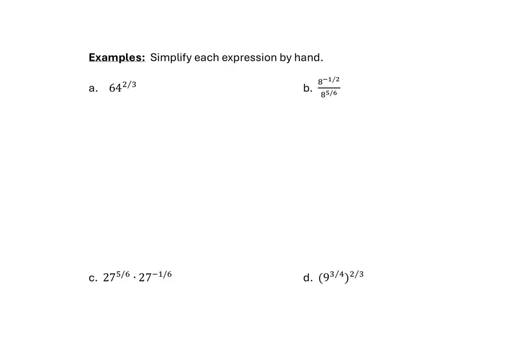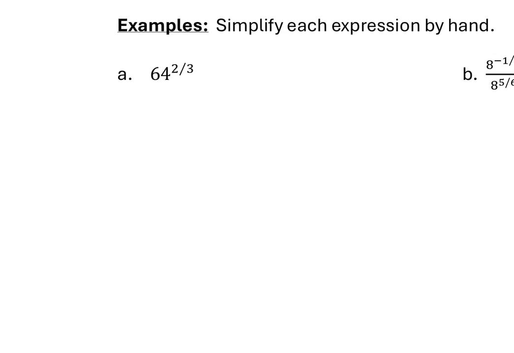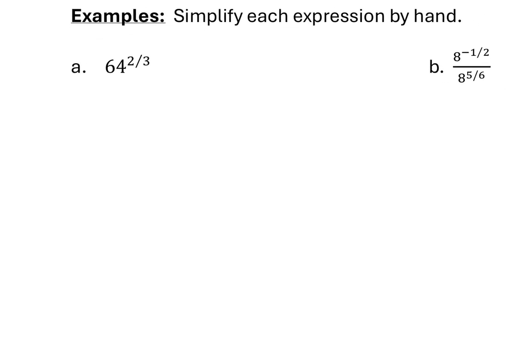All right, so the first thing we're going to do is some evaluating, and we're going to see that there are lots of different ways to do these things, okay? Well, maybe not lots, but we have a couple options. We're going to start with example A. In example A, what we have is 64 to the 2/3.